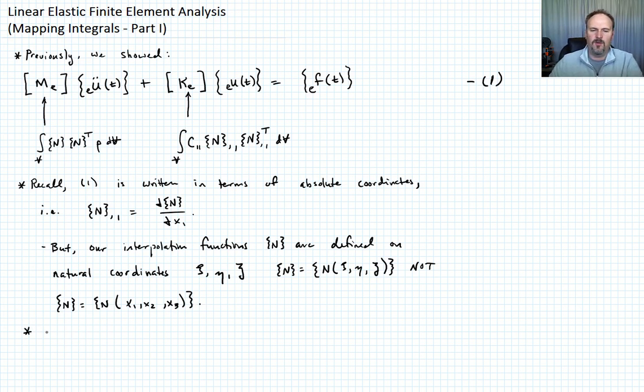Okay, so what do we do? Well, let's say that we potentially want to write the following. In the case of the partial of N with respect to x1, I'll write it out for you again.